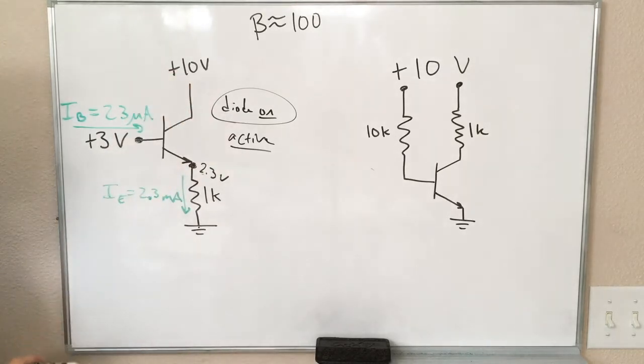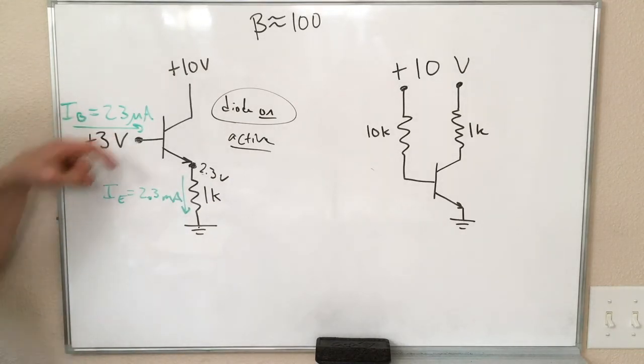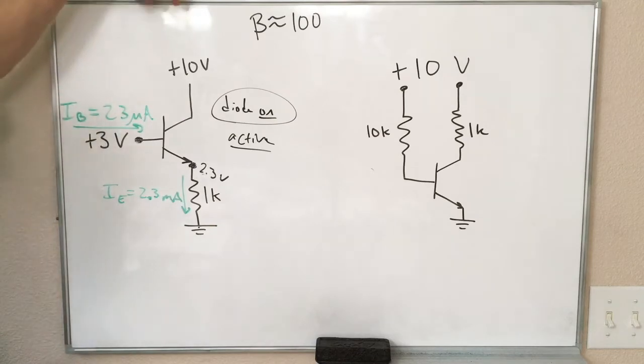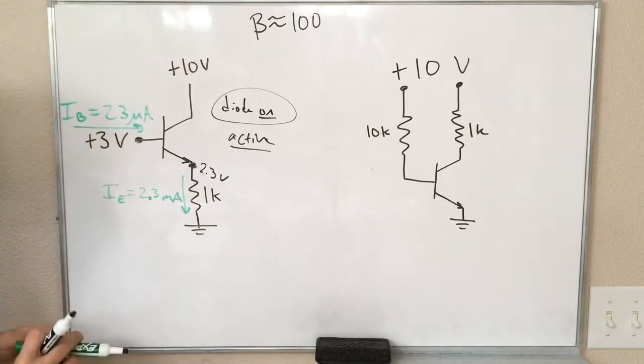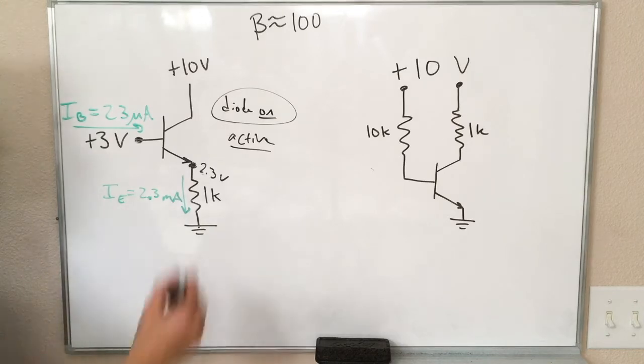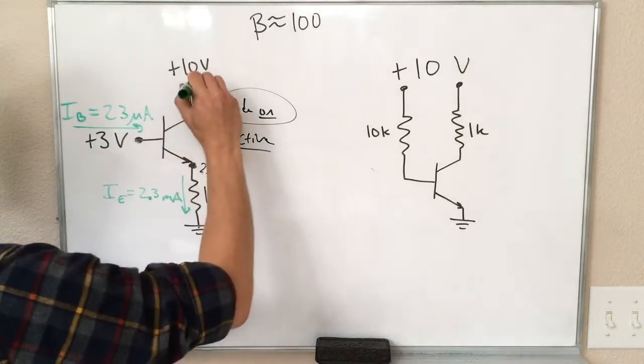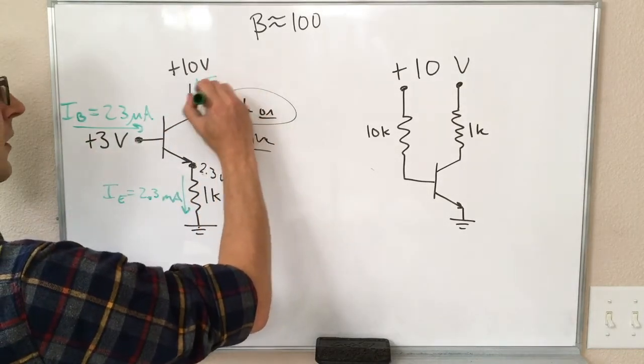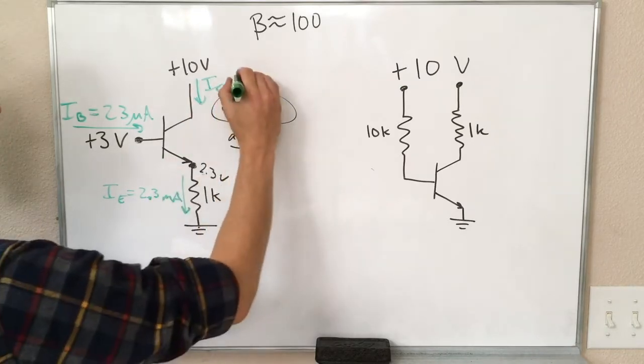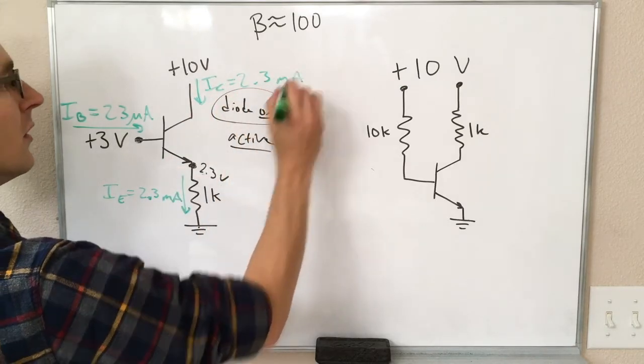Lastly, the collector current. We know this current plus this current has to equal this current. So if we only need things to be precise to roughly 1%, it is enough to just say our collector current is equal to the emitter current, also 2.3 milliamps.